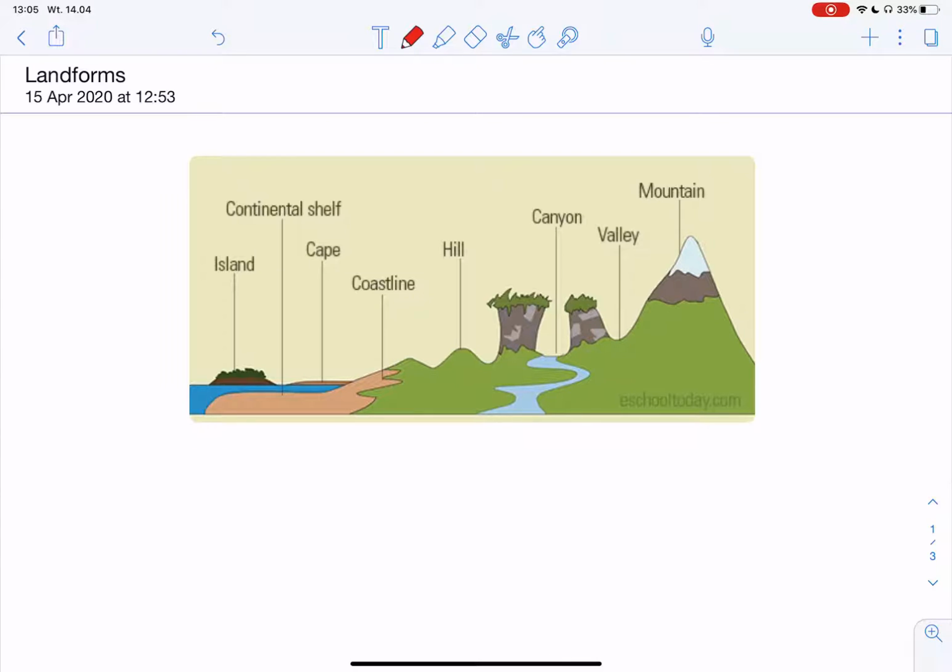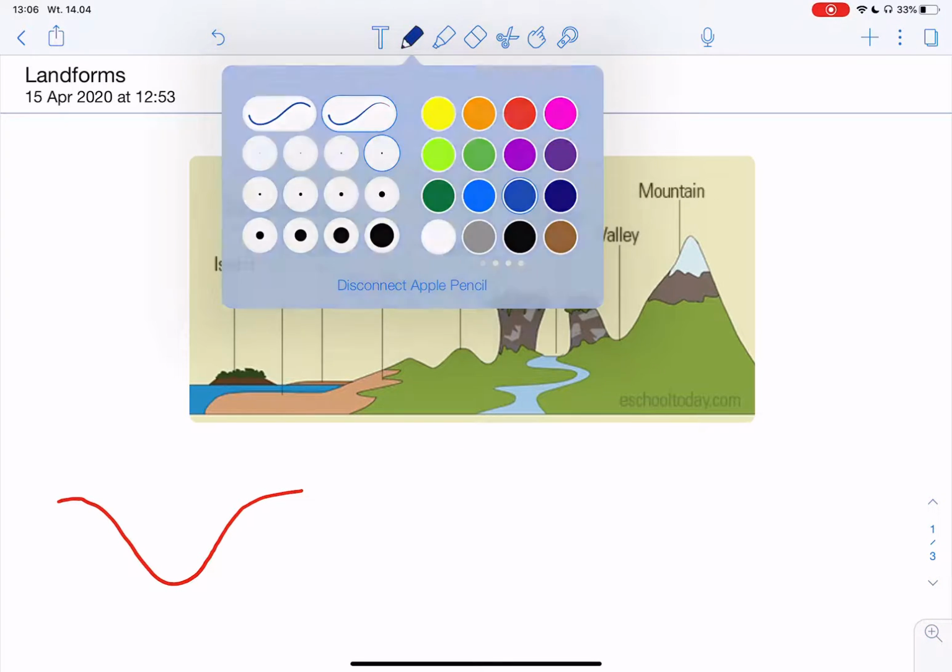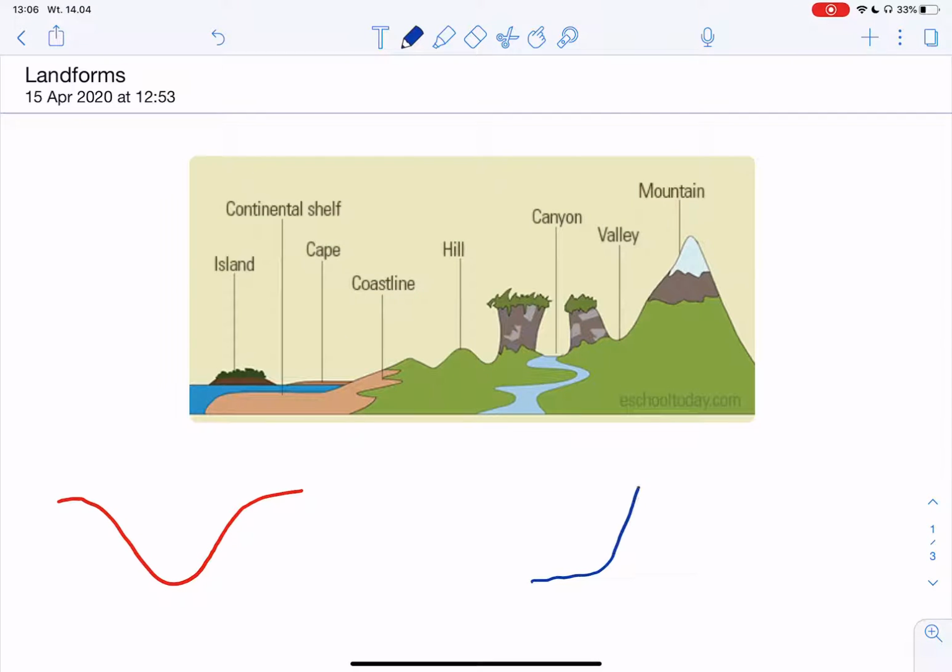And I'm going to focus only on some of them. Some of the forms, as you can see, are more like this. Some of the forms, on the other hand, are more like this. And guys, they have their names.